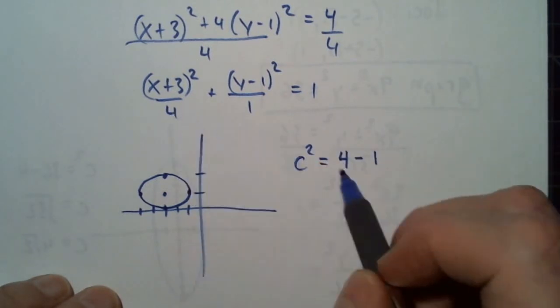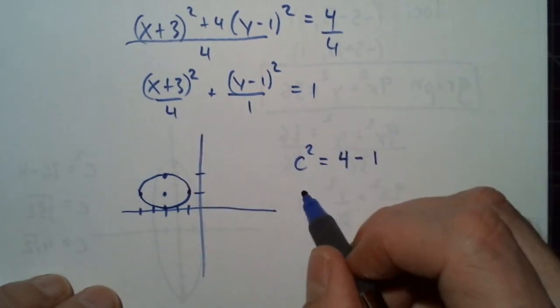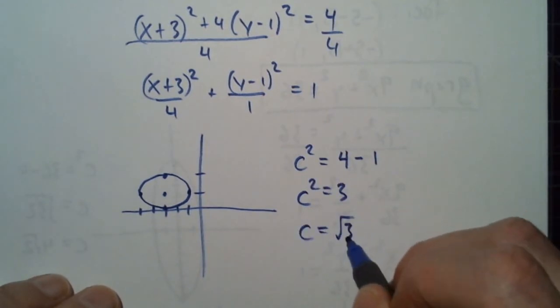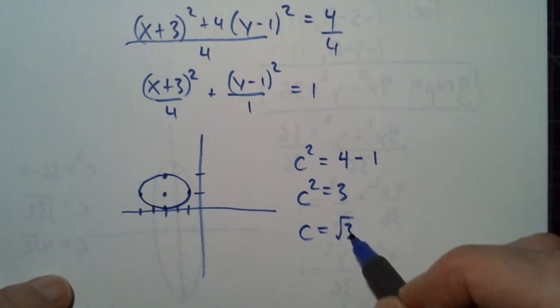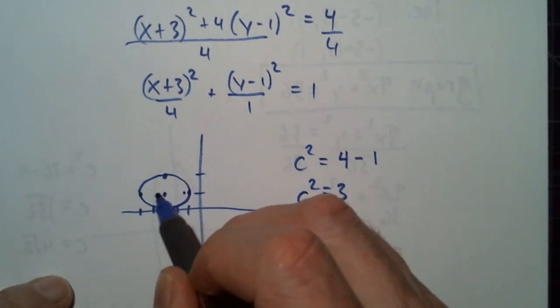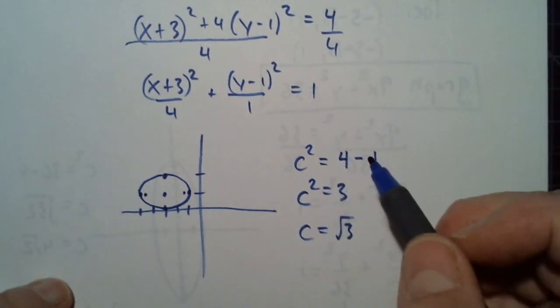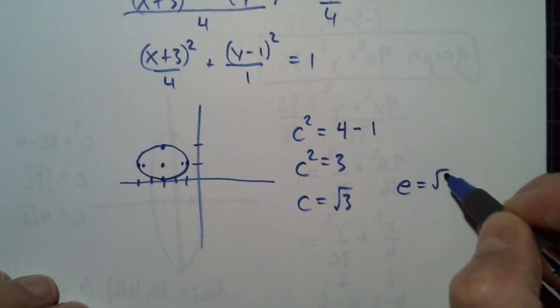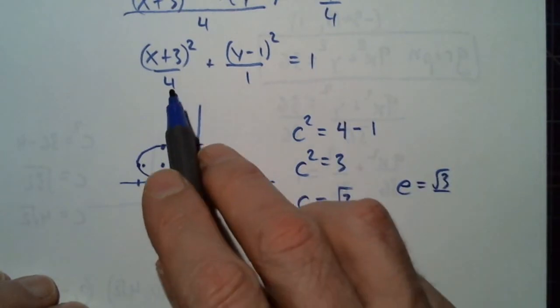This is 2 squared minus 1 squared. And that's about 1.7, so we'll go 1.7 here, 1.7 there. Those are the foci. Eccentricity is c over a, which is 2.